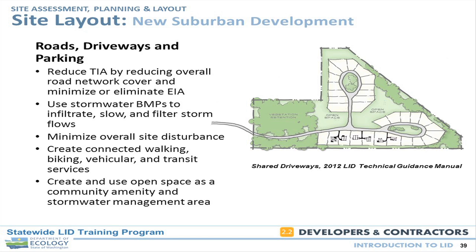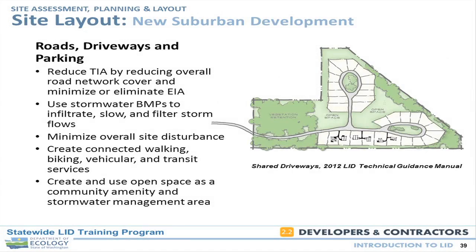What it also does is creates opportunities for community gardens, for connected parkways so kids aren't playing in the street, they're actually out in open spaces. And from a marketing standpoint, being able to use this to entice potential buyers, it's a lot easier to sell something like this that has clustered development and open space versus something that has a really traditional suburban pattern.